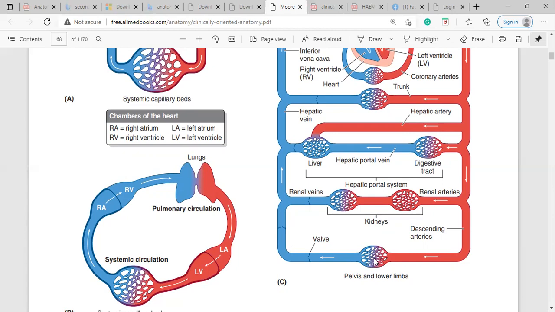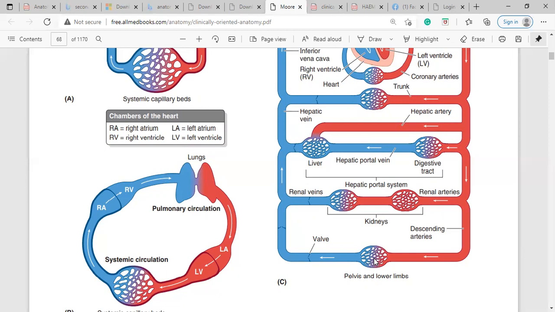If it's the testis, it will be the testicular vein. If it is the femur, it will be the femoral vein. Just where arteries used to be, just put vein. But for the brain, you don't have carotid veins. What you have is the jugular vein.